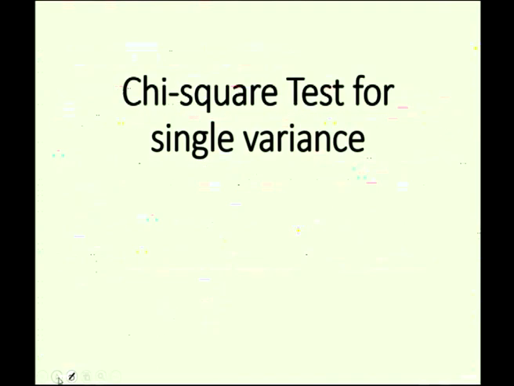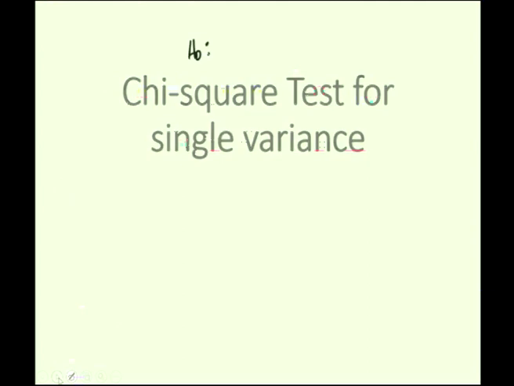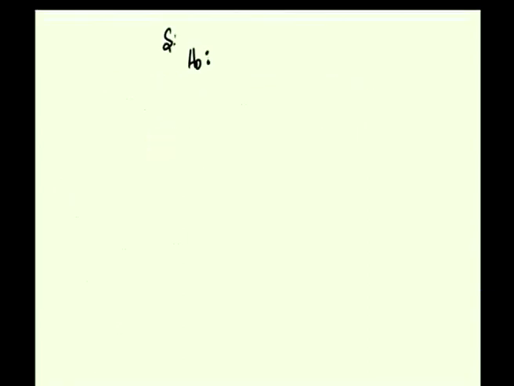Now, the chi-square test is used for the hypothesis testing of a single variance. What is the procedure? First of all, we have to fix up H naught, that is step 1. H naught is fixed as a sigma square value, whatever the population variance value is.